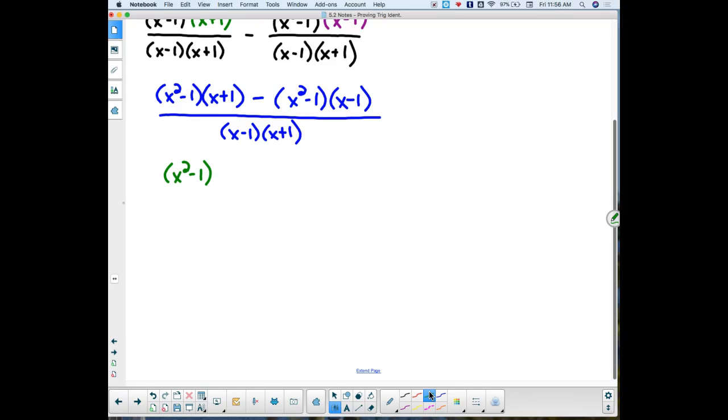So let's factor that out. Instead of doing a double distributive twice, let's factor that out first, and maybe things will get simplified a little bit more for us. So what's left over then is x plus 1 minus x minus 1. Right?